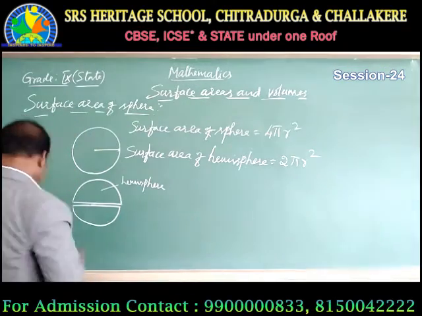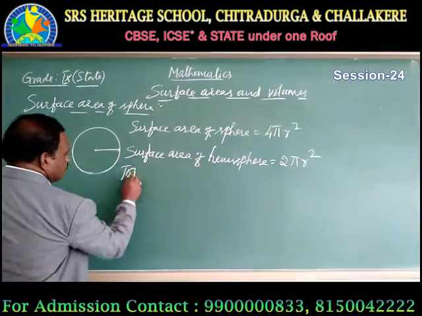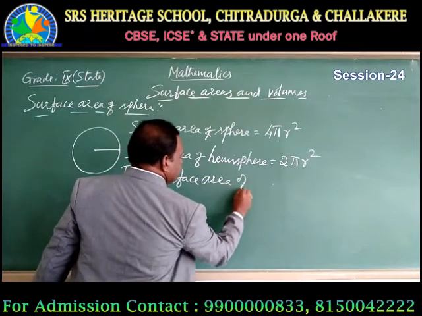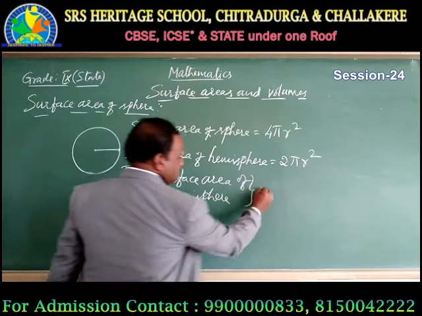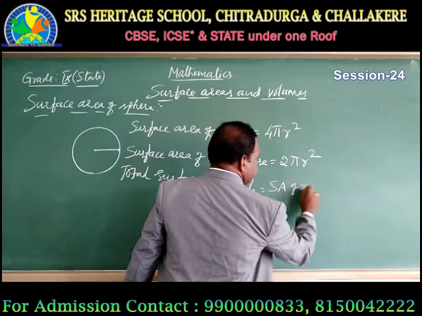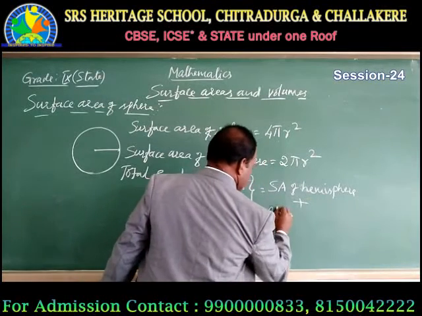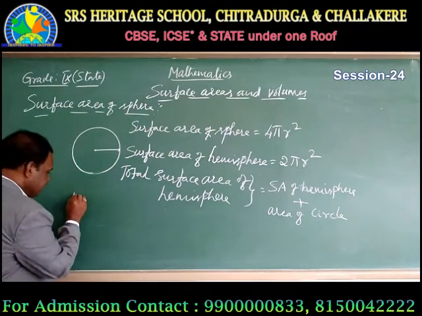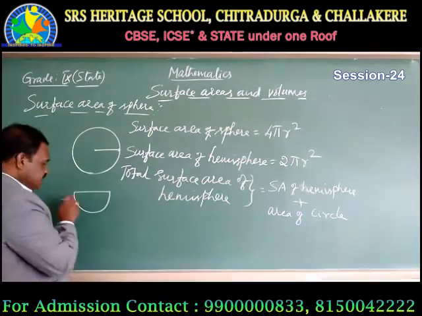Now, if I take the total surface area of a hemisphere, SA is the surface area of the hemisphere plus the area of the circle. Why?